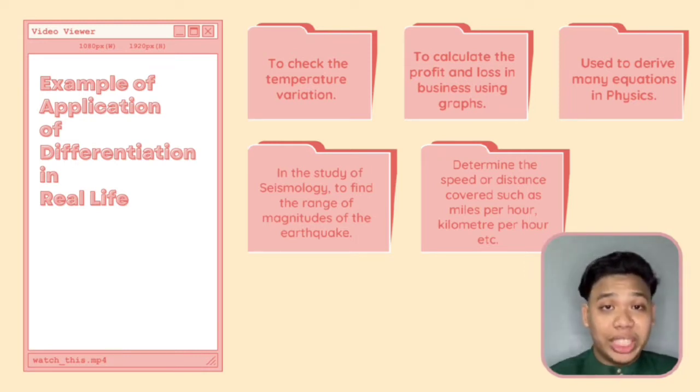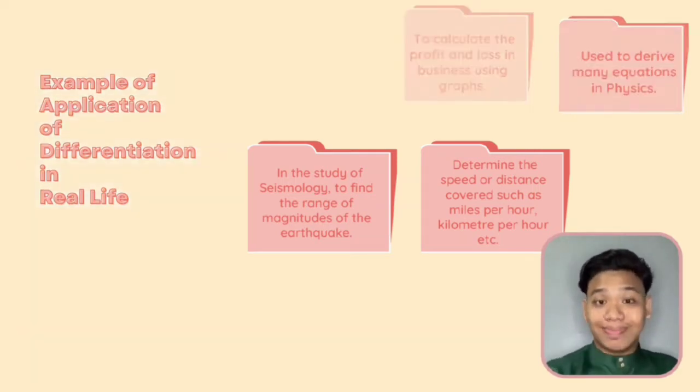For your information, in seismology, differentiation is used to find the range of an earthquake. Last but not least, it is used to determine speed or distance covered, such as miles per hour and kilometers per hour and more. I will pass the slide to Nasrulhaq bin Muhammad Najib for the next slide.